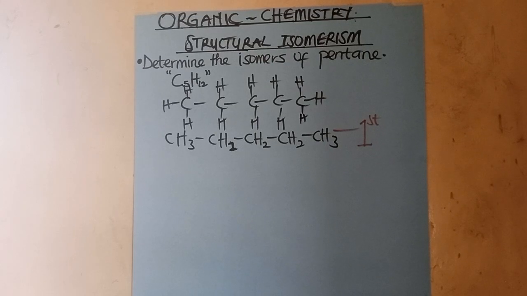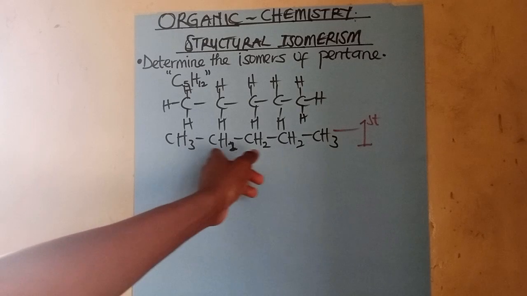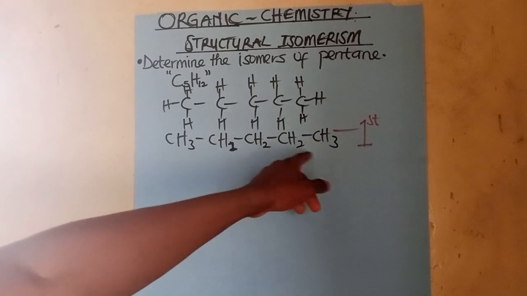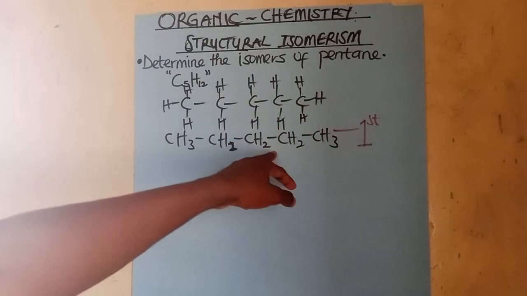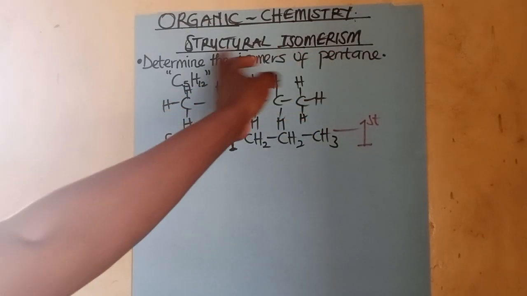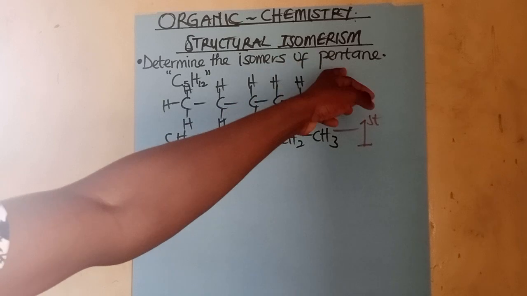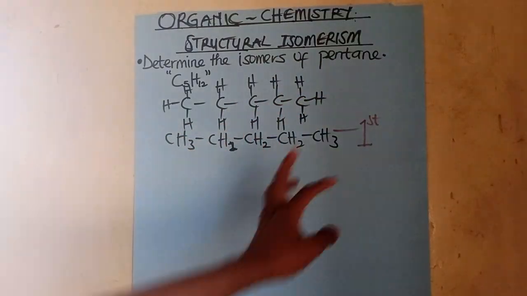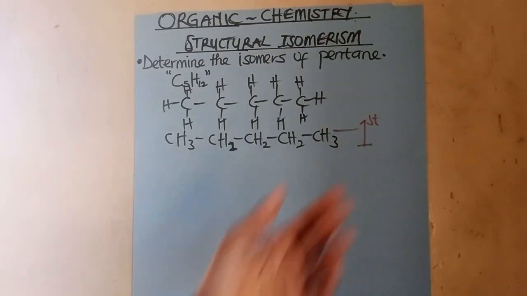There is something you have to take note of in determining the isomer of an organic compound. Firstly, draw the structure of the particular compound you are given, as you have done here. You are given pentane, and this is the structure of pentane, which will be our first isomer.